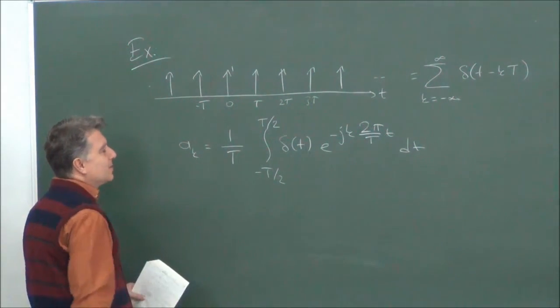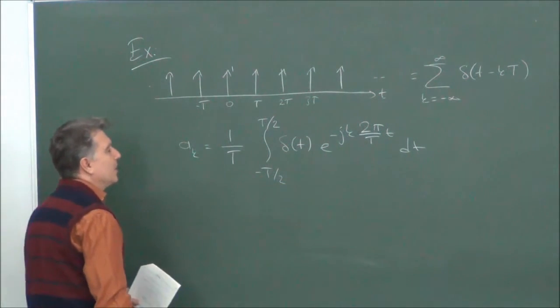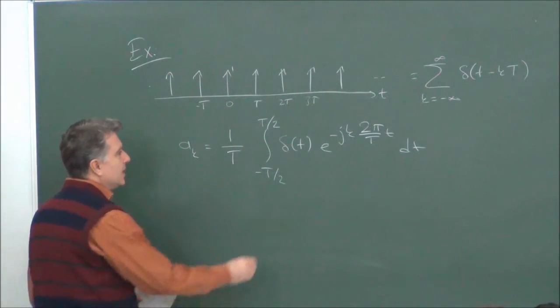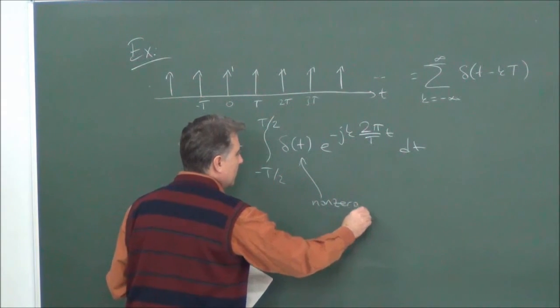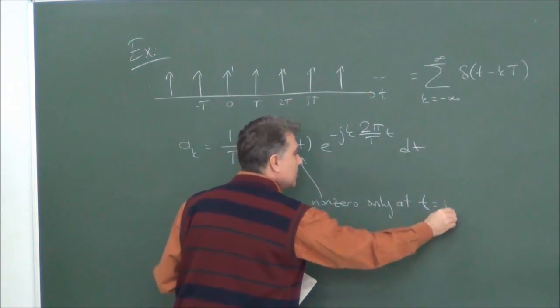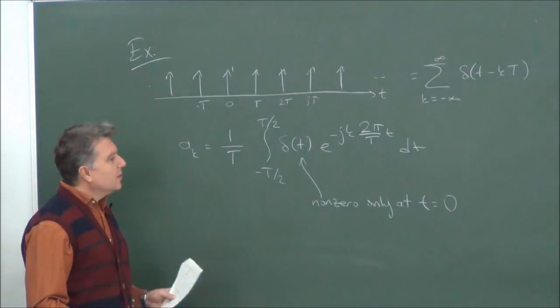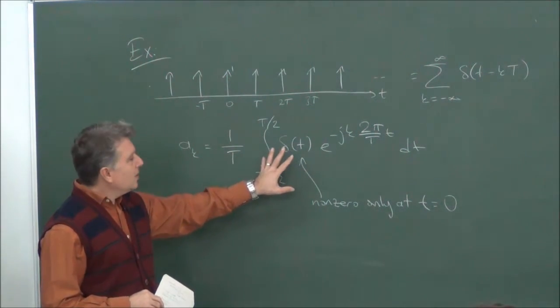Well, it doesn't really matter if you just write omega 0. This is just an alternative. Now, what's happening here is that this delta(t) is non-zero only at t equal to 0. We know it, right? For all other t values, we don't even have a delta(t). What happens then?